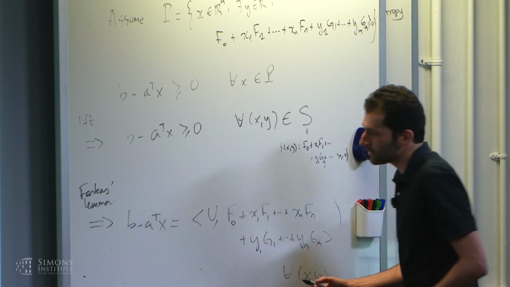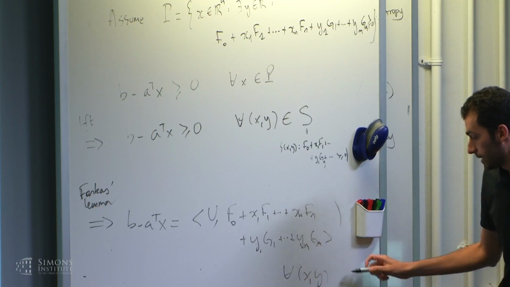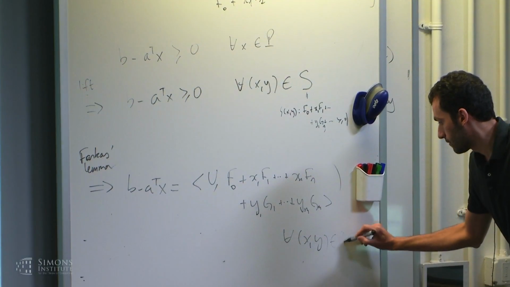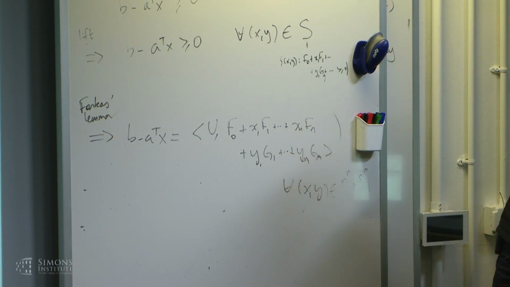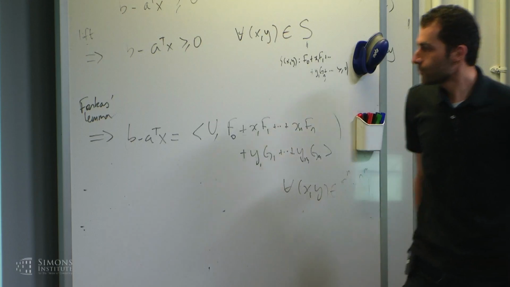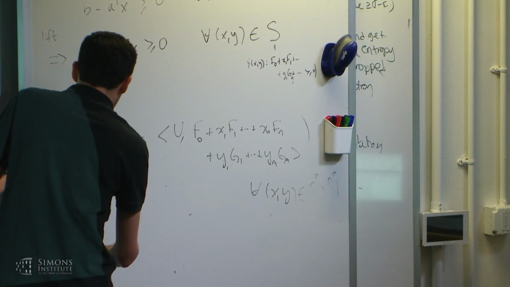Okay, so this is an equality of linear forms, really, of affine forms, for any xy in R^n cross R^m. Okay, and then now we're actually almost done.